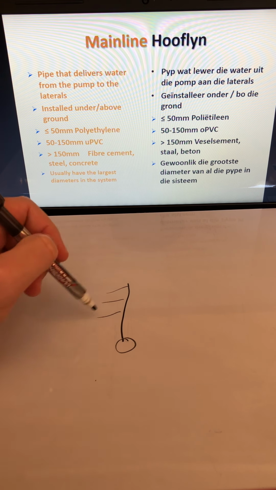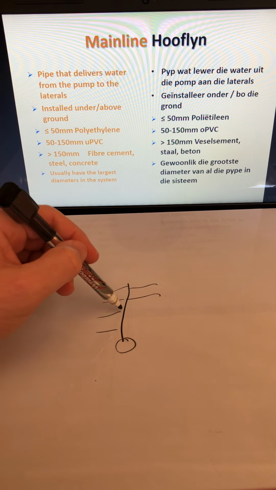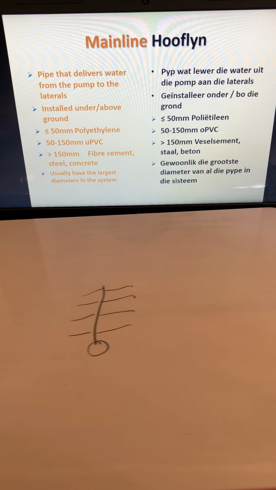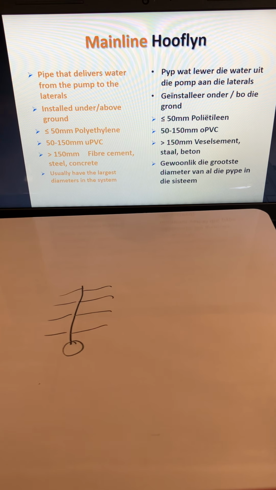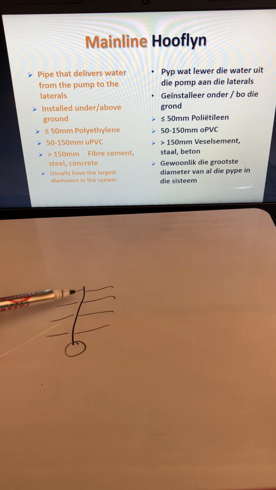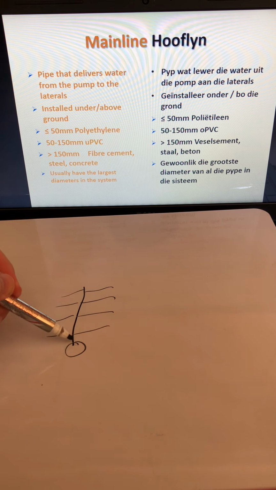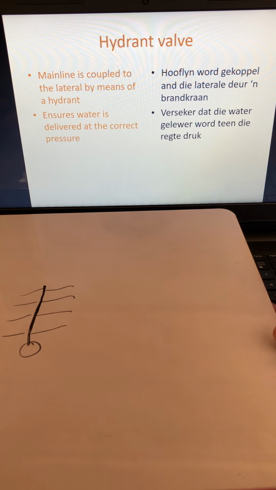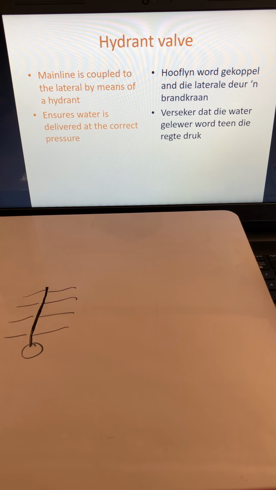And then you've got a lot of laterals coming out of that main line. It is installed either under or above the ground, and it is usually thicker in diameter than these lateral lines. Then you've got your hydrant valve.